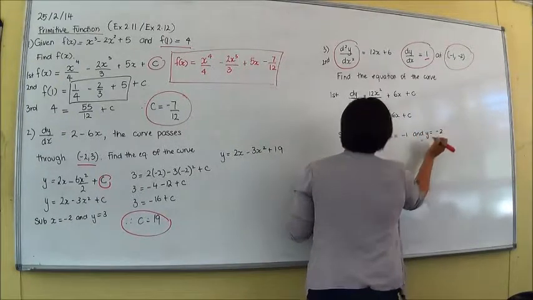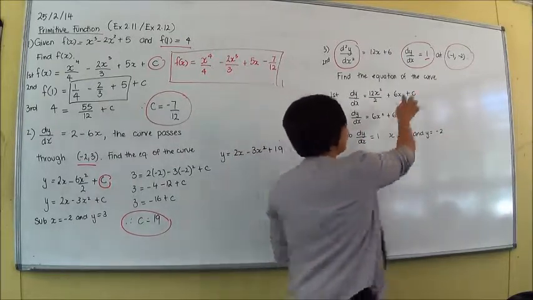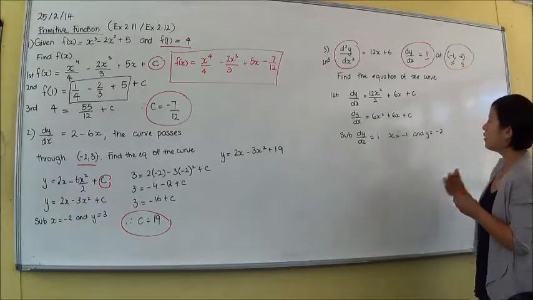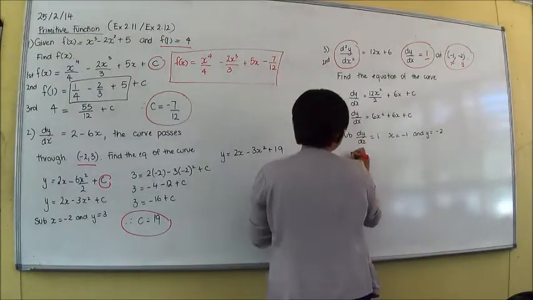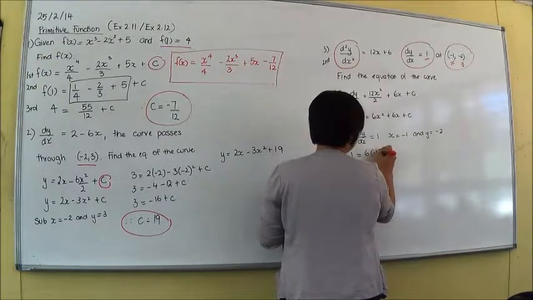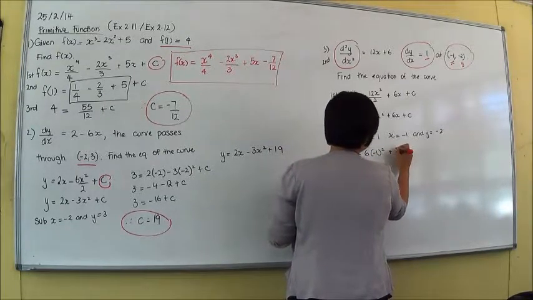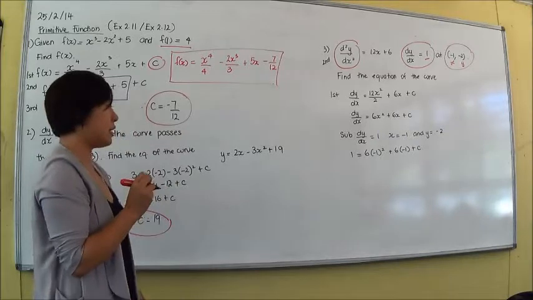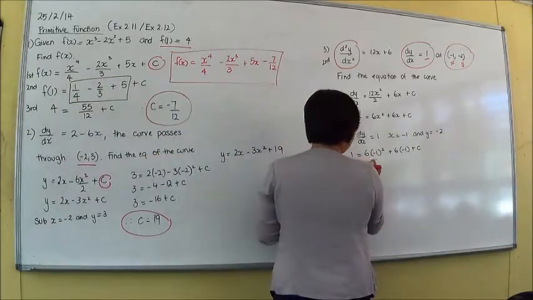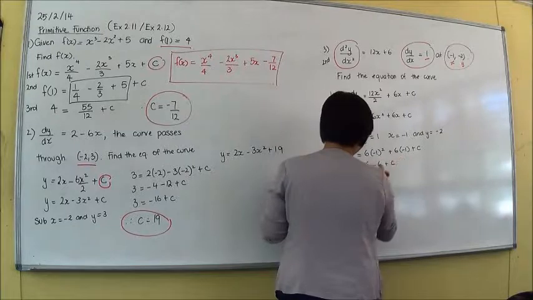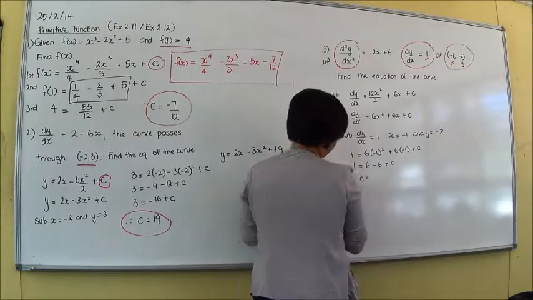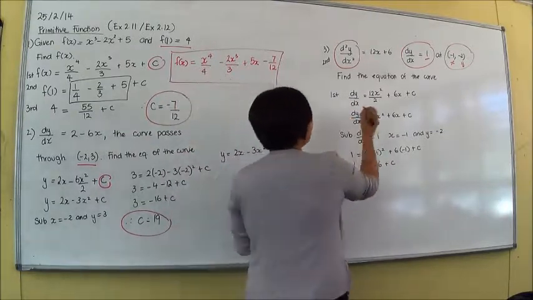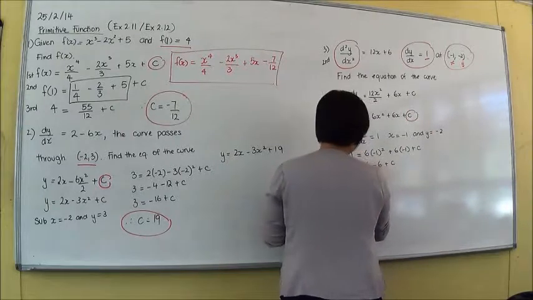So we're distinguishing between the derivative and the x and y coordinate. Substituting this in, we get 1 equals 6 times negative 1 squared plus 6 times negative 1 plus c. We didn't really need to use the y in that case. So 1 equals 6 minus 6 plus c, therefore c equals 1.